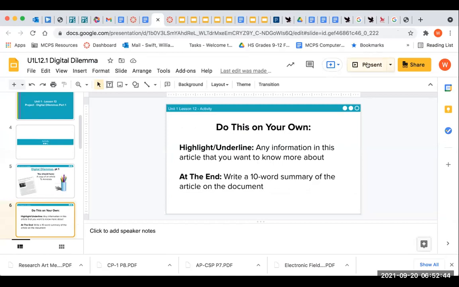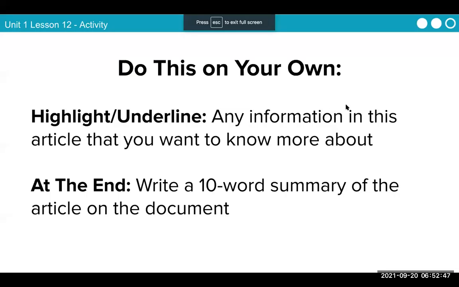So on your own, you will highlight or underline any information in this article that you want to know more about. At the end, you're going to write a 5-word summary of the article on the document, just down at the bottom.